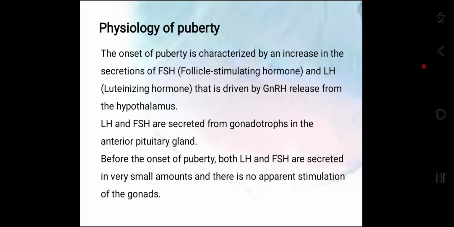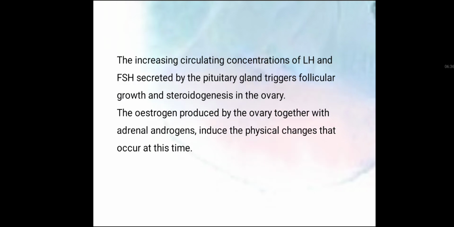During childhood, before puberty, LH and FSH are secreted from the anterior pituitary gland, but in a small concentration, which does not affect systemic concentration and gives no apparent stimulation to the gonads. At puberty, there is an increase in the pulsatile frequency and amplitude of secretion of these gonadotrophins, FSH and LH, from the pituitary gland.